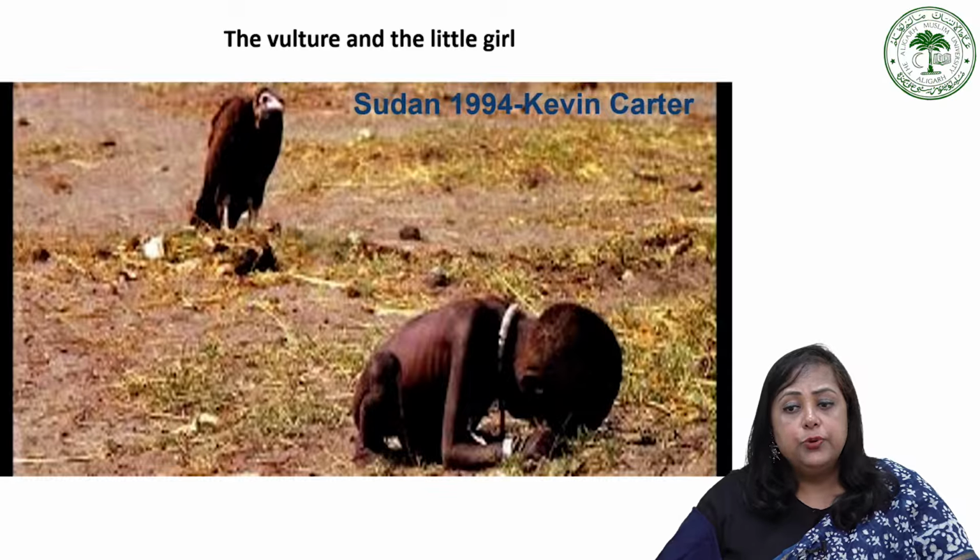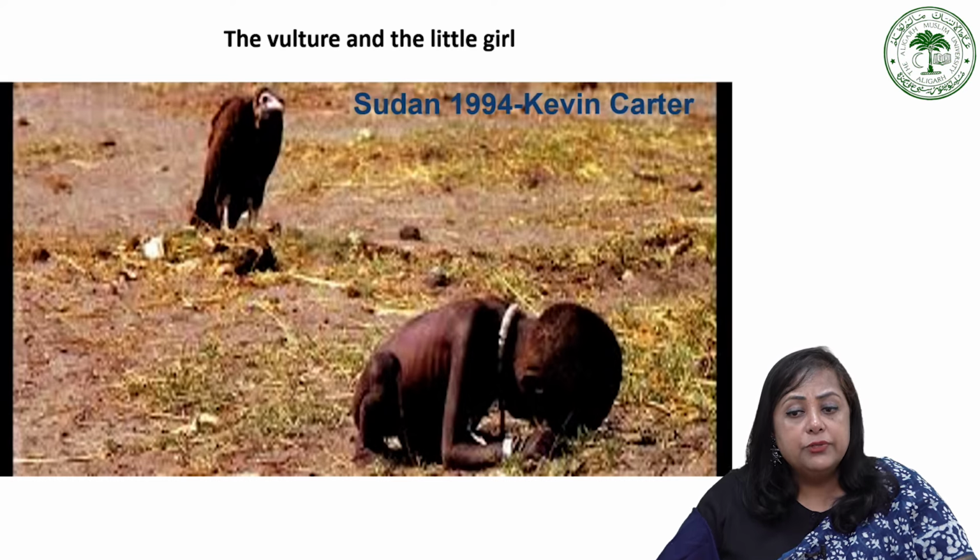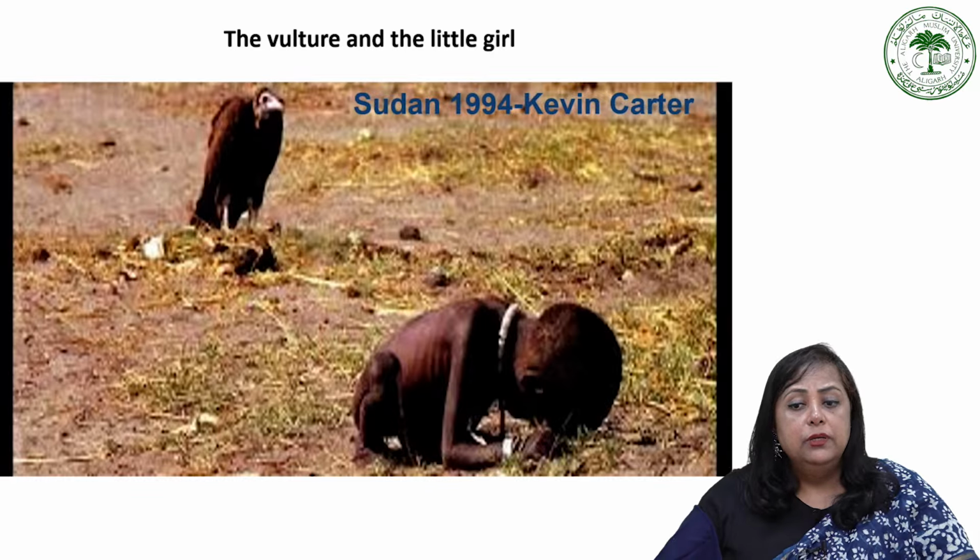The child was reported to be attempting to reach a United Nations feeding center about half a mile away in Ayod, Sudan, now South Sudan, in March 1993, and to have survived the incident. The picture won the Pulitzer Prize for Feature Photography in 1994.